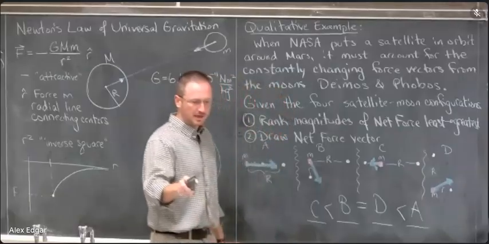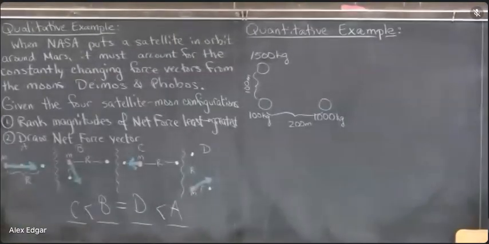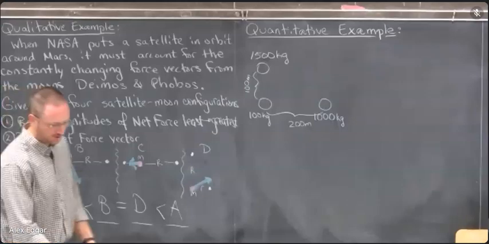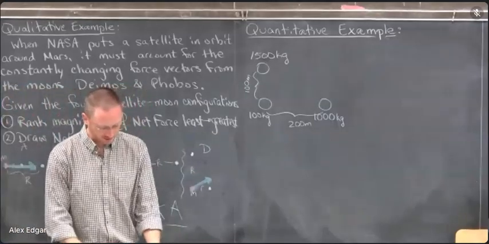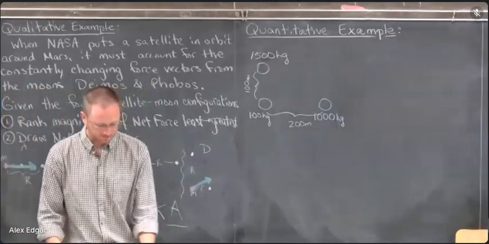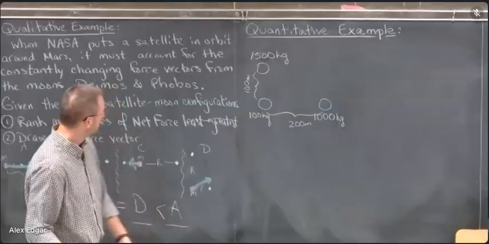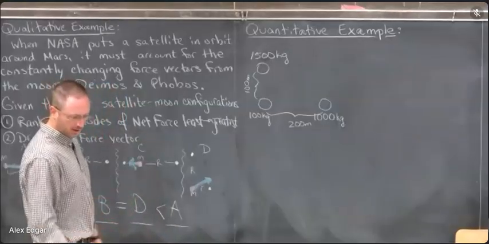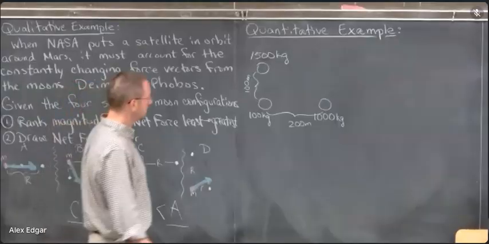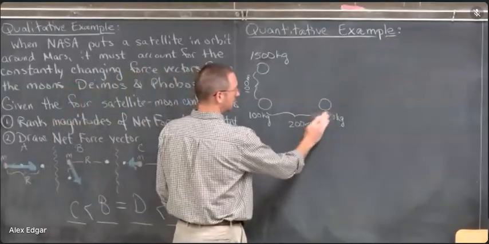Let's take a look at a quantitative example in which now we have numbers. Let's put some numbers to these guys. I have a situation in which we have, let's change a couple of these numbers here.